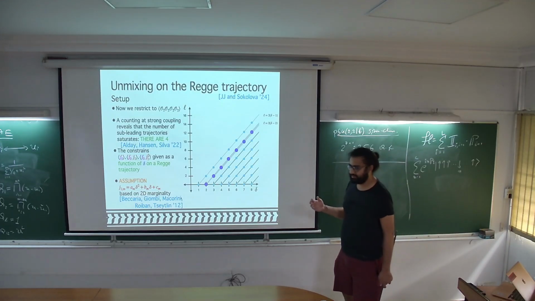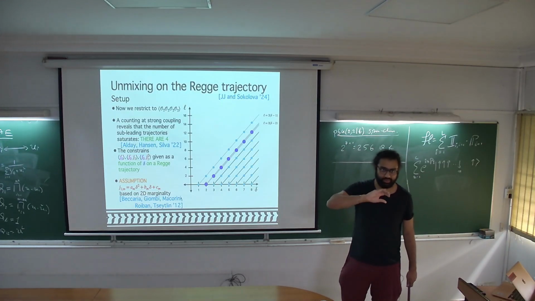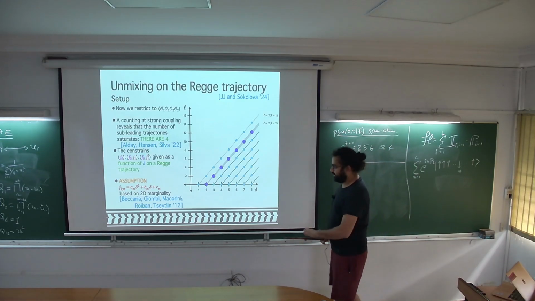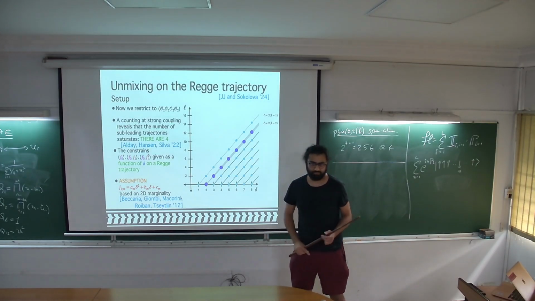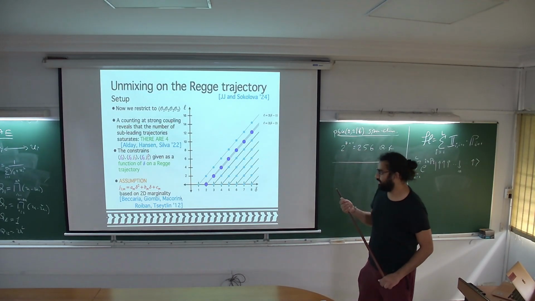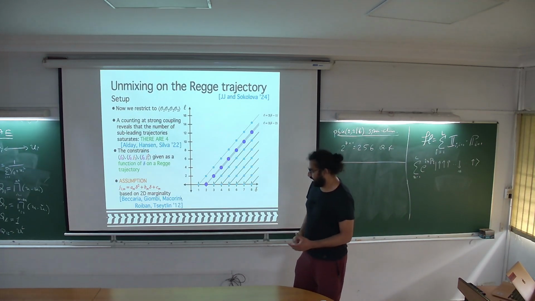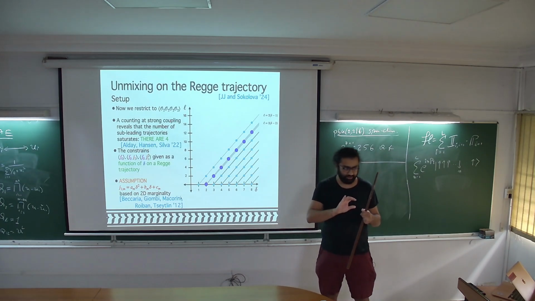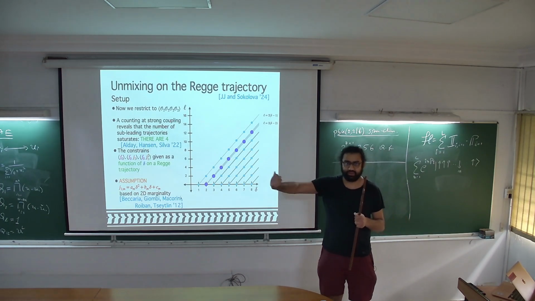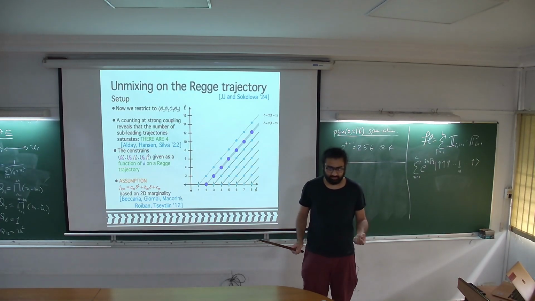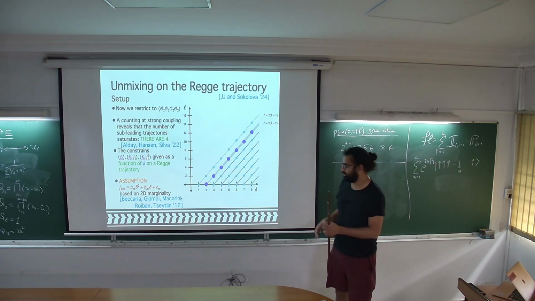So this also means that we need to have some idea of how we expect these J's to move on a rigid trajectory. Now, for string theory reasons, based on 2D marginality, there was an assumption made in this paper that if you look at delta squared, the dimension squared, as a function of the mass level. So the mass level and the spin are the same thing, at least in this idea.